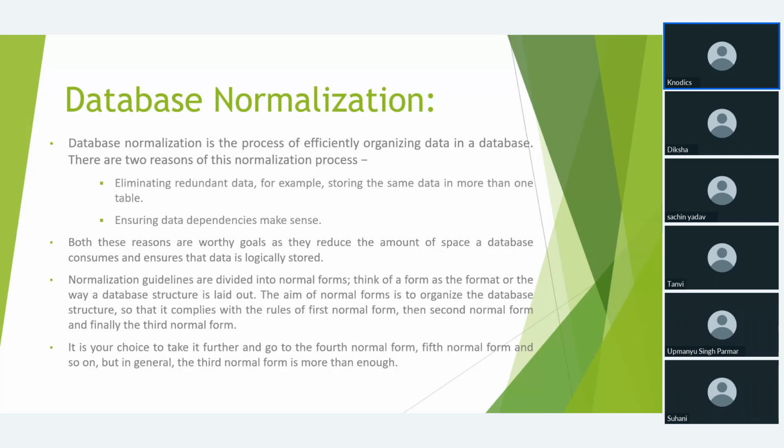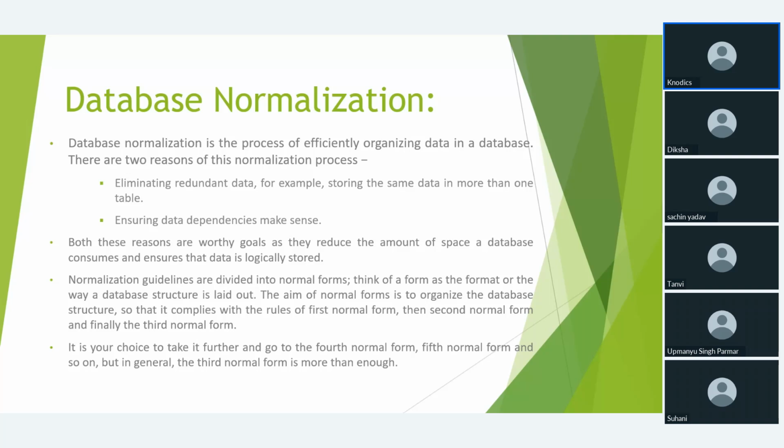Then there is the database normalization process. This process is to increase the efficiency of the data, and basically it aims to eliminate repeated or redundant data, like storing the same data in more than one table. Means the same thing stored in one table, second table, third table. Normalization ensures against that, right? Then it ensures that the data dependencies being created make common sense.